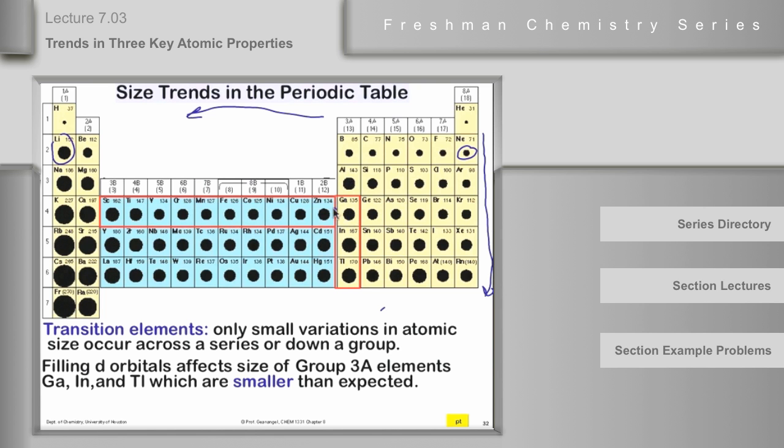The reason it drops is because we put 10 positive charges in here, and those 10 charges didn't shield perfectly. So gallium, then indium increases and thallium increases, but these elements are smaller than expected. Questions on that? Yes, go ahead.